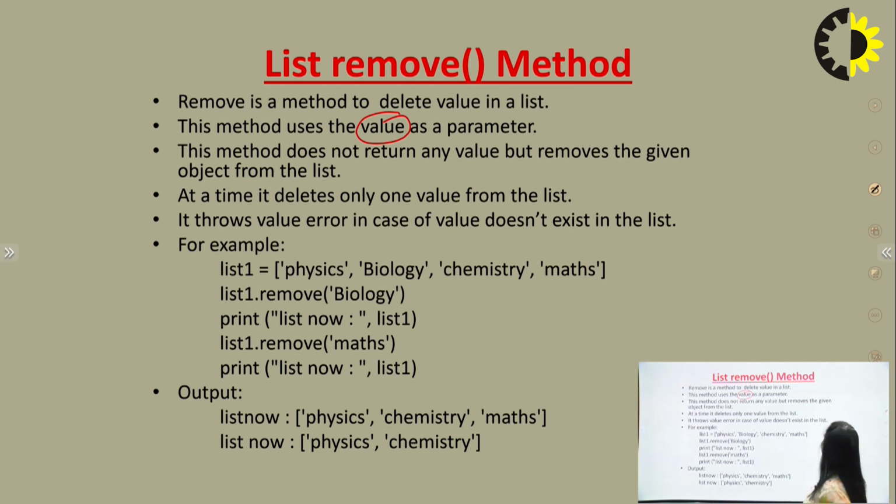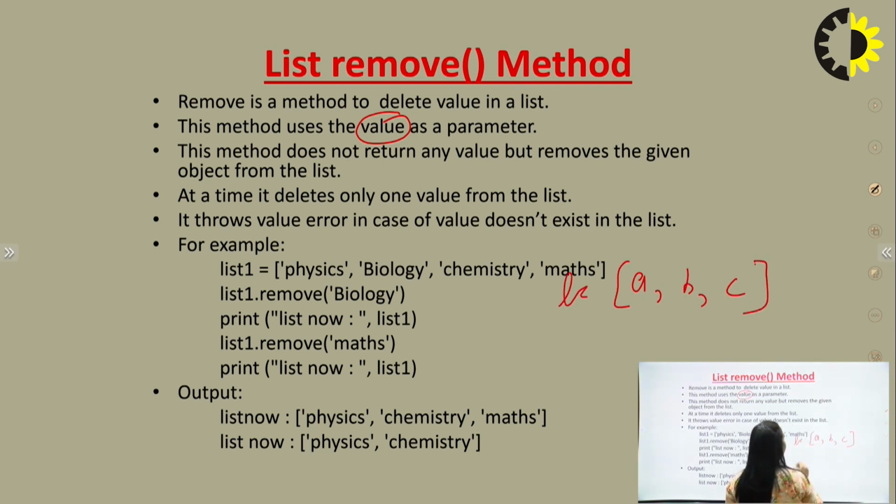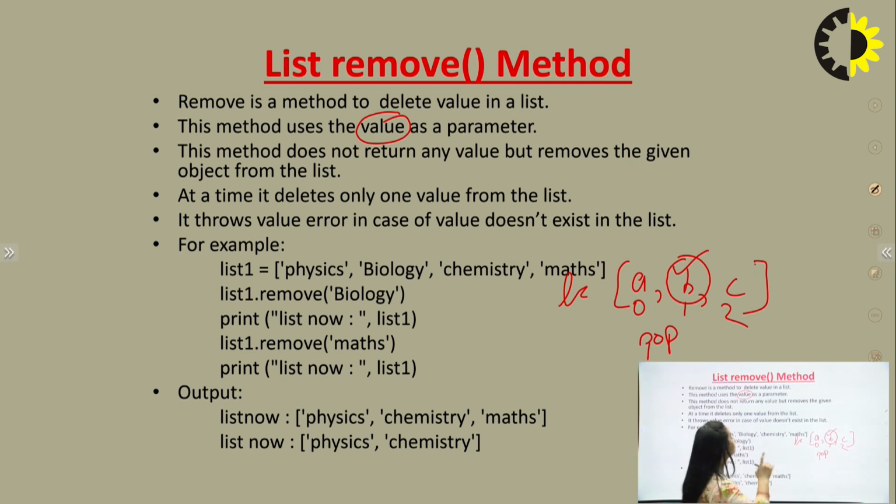For example, I have a list with elements A, B and C. If I know the index value 0, 1, 2, from which index I need to delete the element, I will use the pop method. If I know the value, not the index, and I want to delete value B, then I will use the remove method, because remove method takes a value as its parameter, not an index.